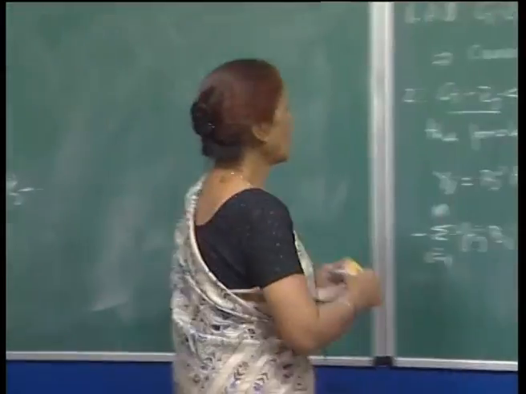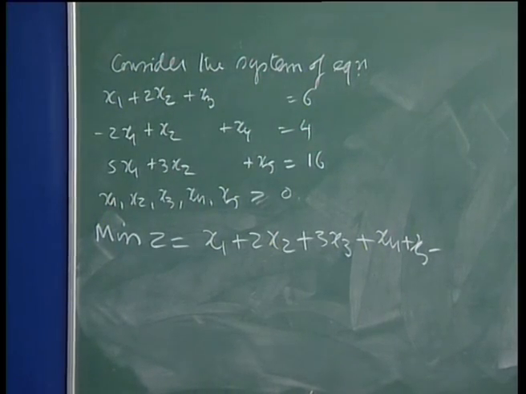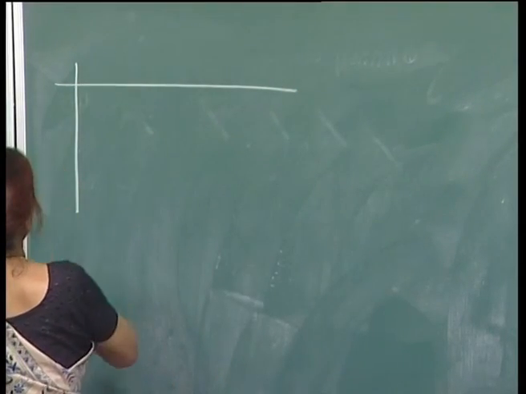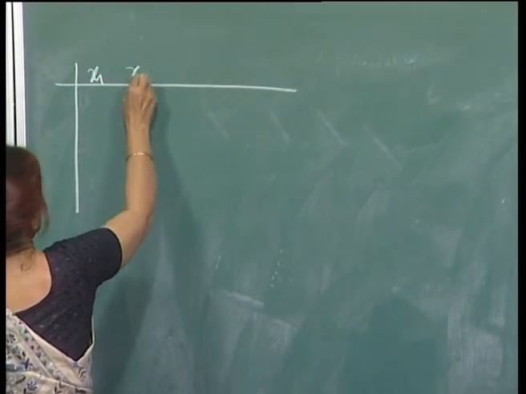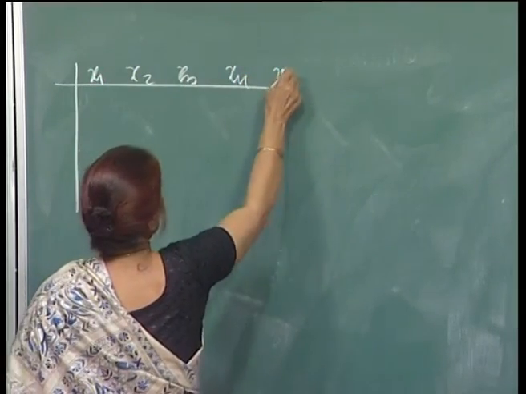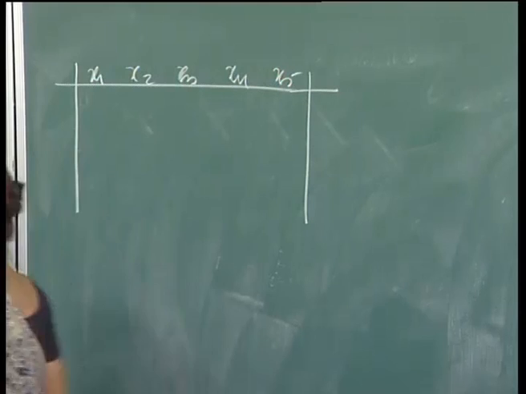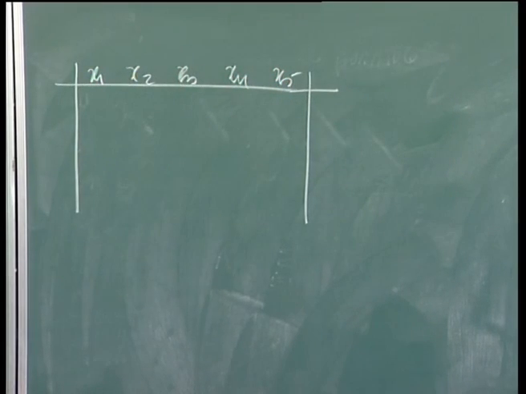Let me write down the tableau for you. When you begin the tableau, this is x1, x2, x3, x4, x5. And remember, we said that we will write the objective function as the first row.